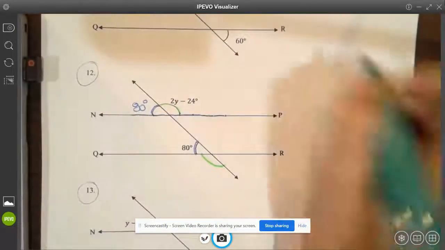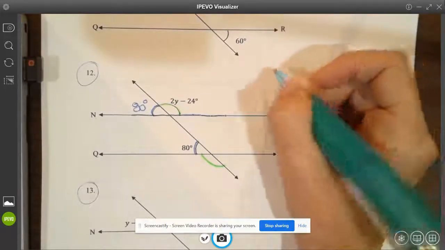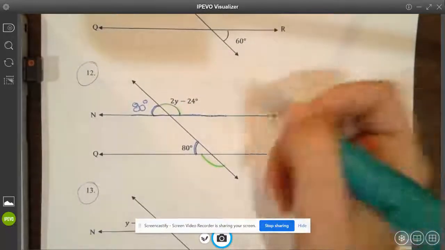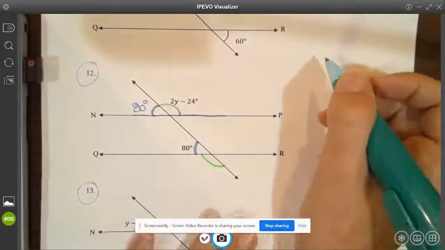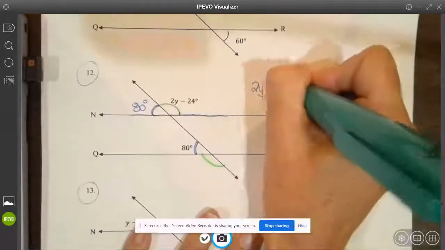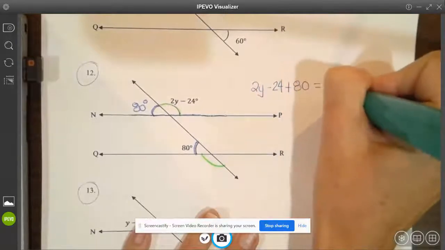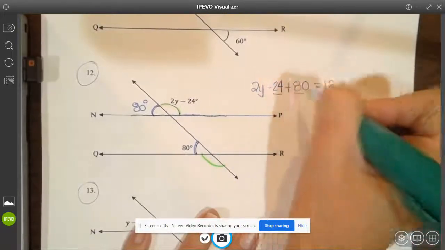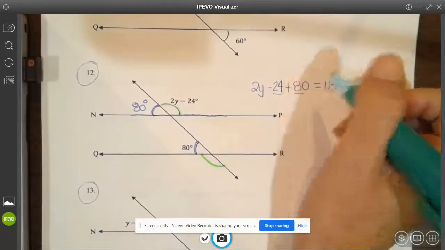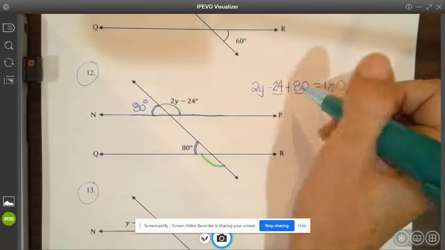So the way to do this, like we did before with supplementary angles, is to add these two angles, set them equal to 180, and find the value for y. So 2y minus 24 plus 80 equals 180. Now we combine like terms: 80 minus 24 is 56.